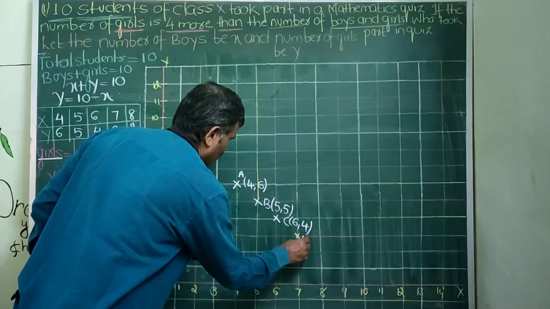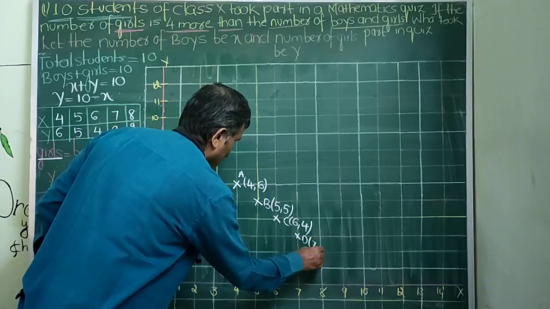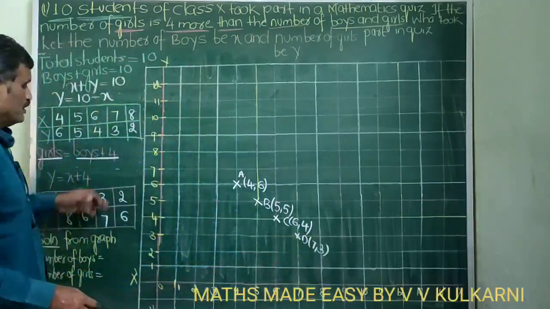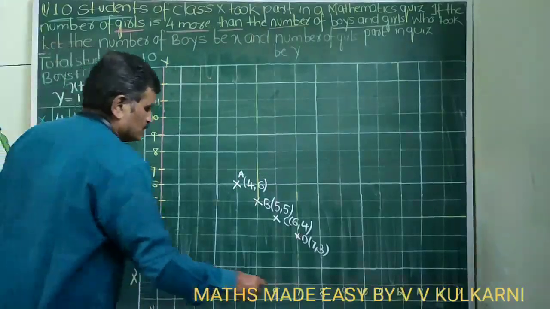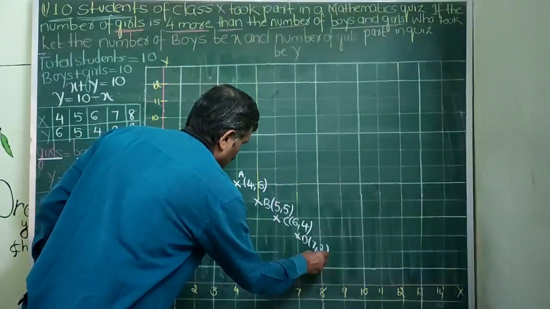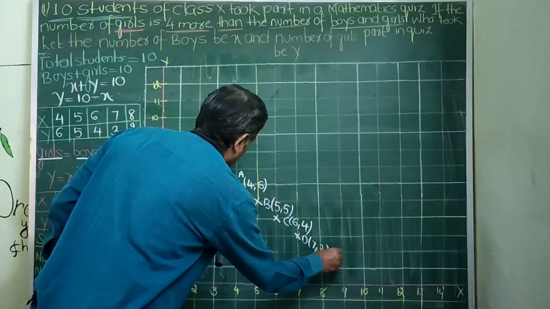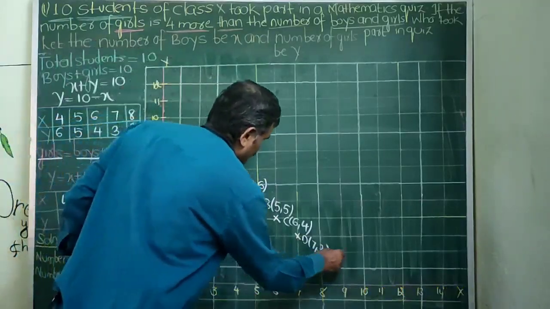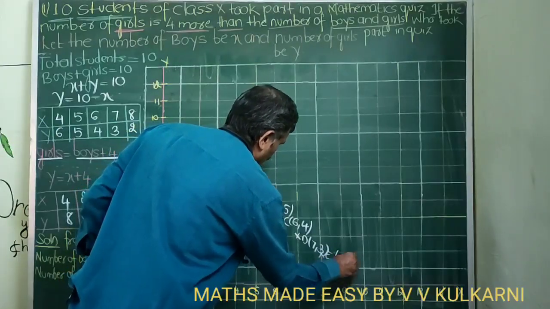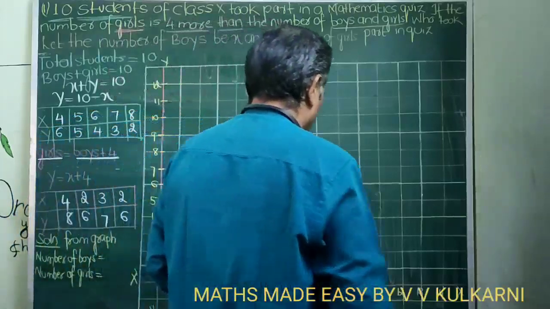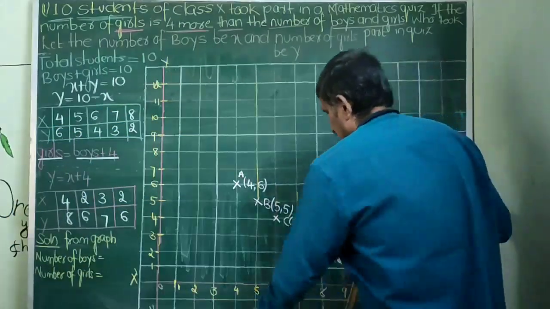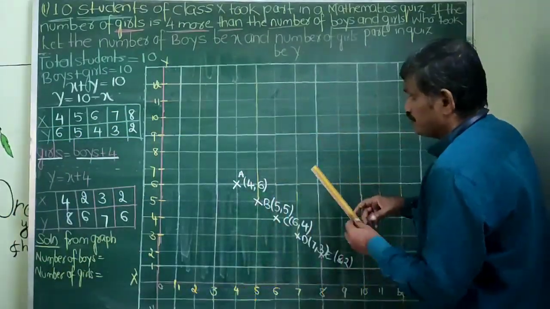So I'll call it D, 7 and 3. When X is 8, Y is 2. This is point E, 8 and 2. So children, what I have got is the graph of this line.